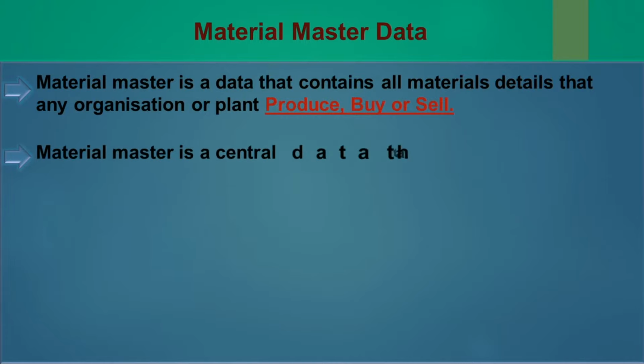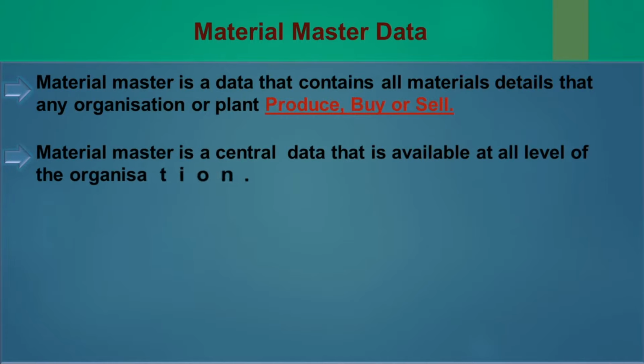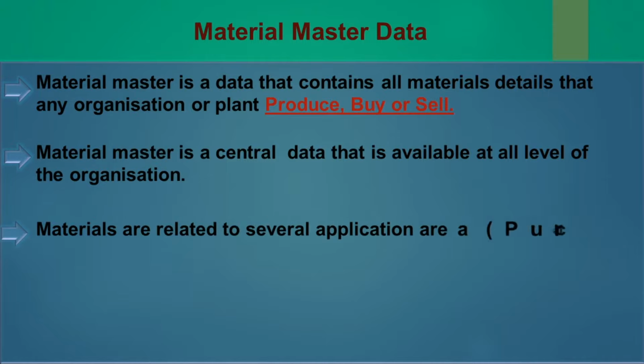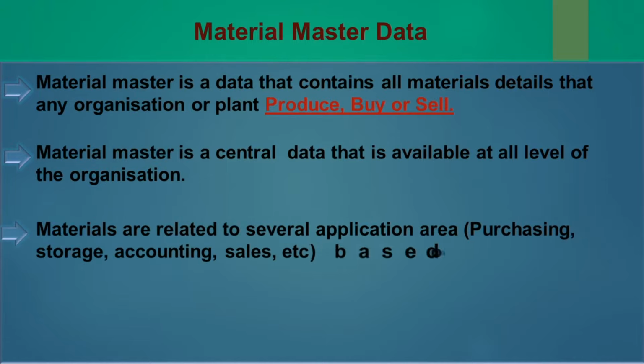Also material master data is available at all levels of any organization. It means it's centrally available at maybe client level, at company level, plant level, or even storage location level, depending on how we maintain or use it. And materials are related to several application areas.